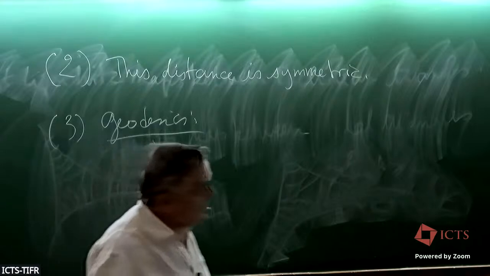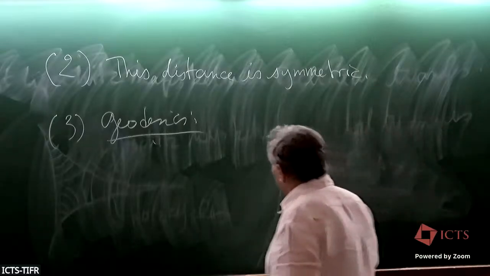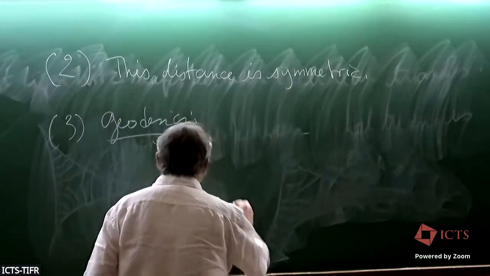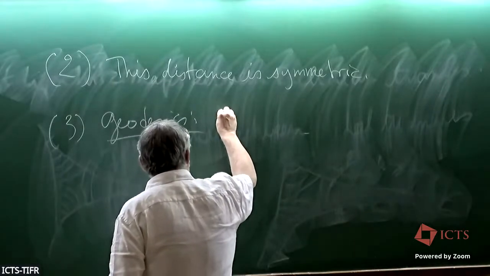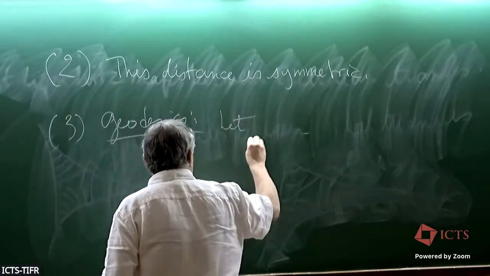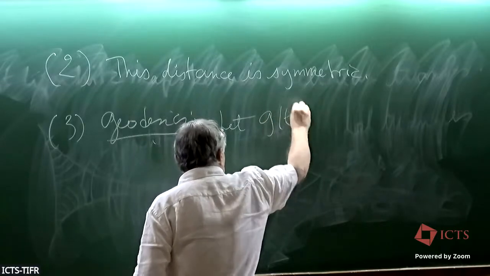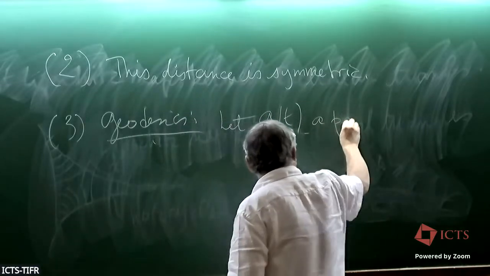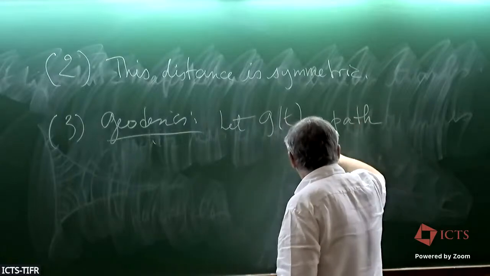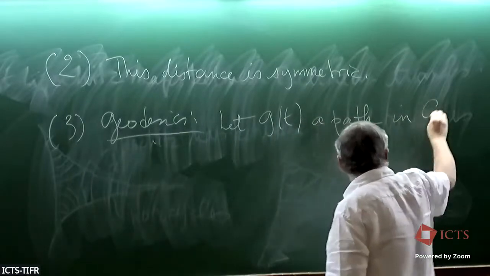This distance is symmetric, in fact, because... okay, I don't want to do this. The geodesics. So now I look. There's a description of the geodesics. So G of T, a path in this space.